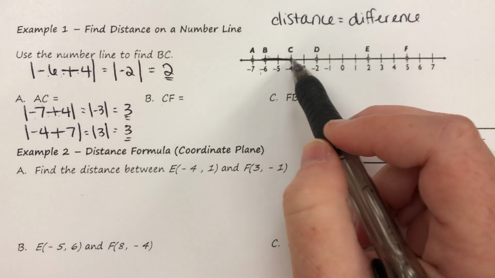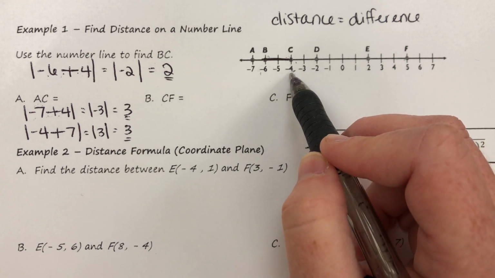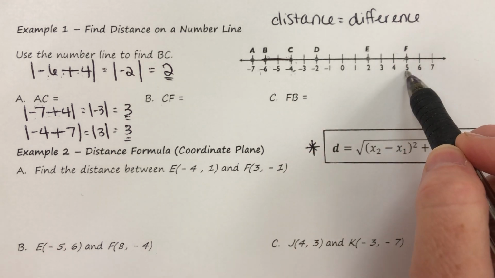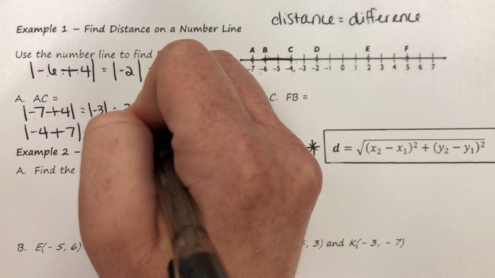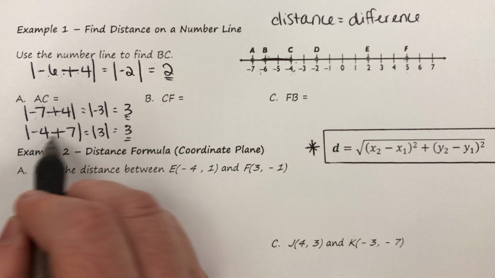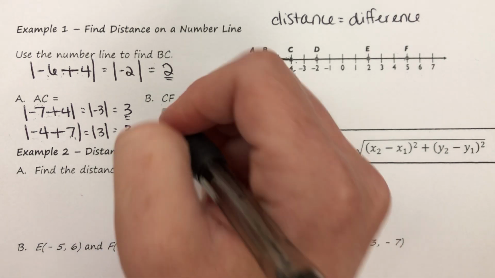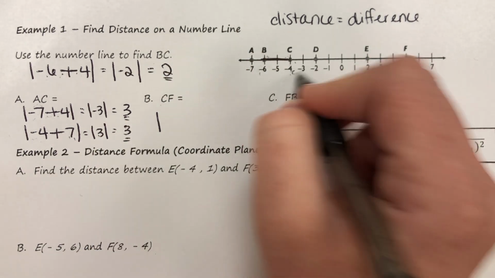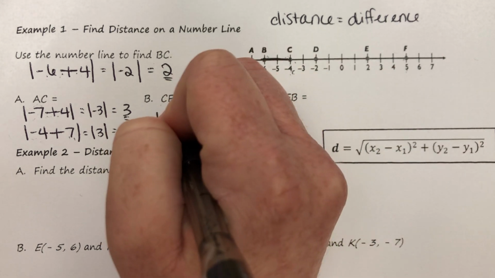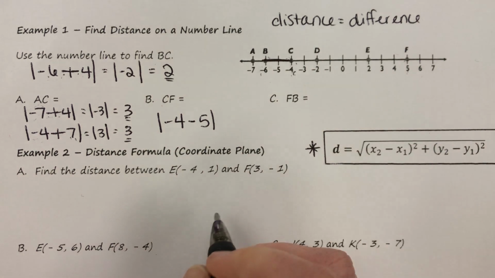Now CF. From C to F, that's a little bit longer. We're going from -4 on a number line to +5 on a number line. I think we already know now for all of these examples, I could do it either way. It doesn't matter what order I subtract in. So I'm just going to pick one way. C is -4, F is 5. -4 minus 5, we're finding the distance.